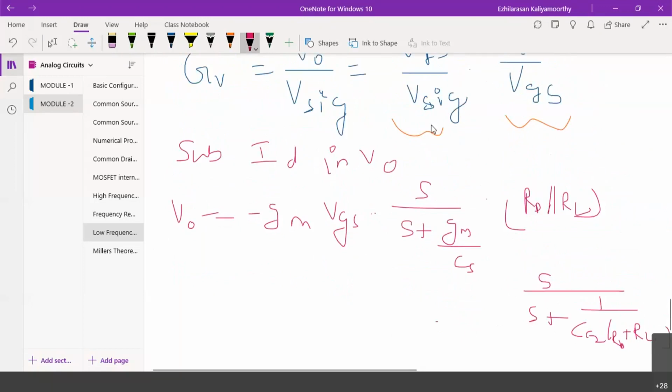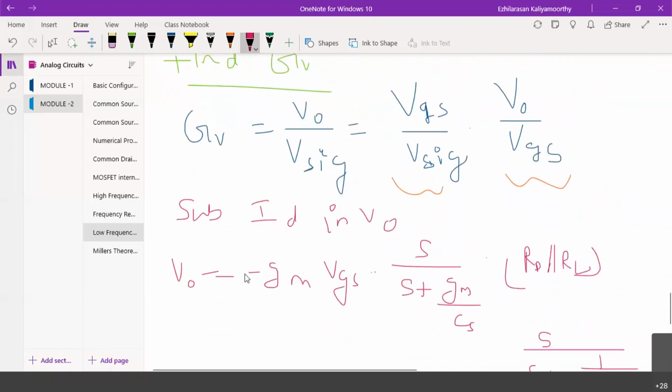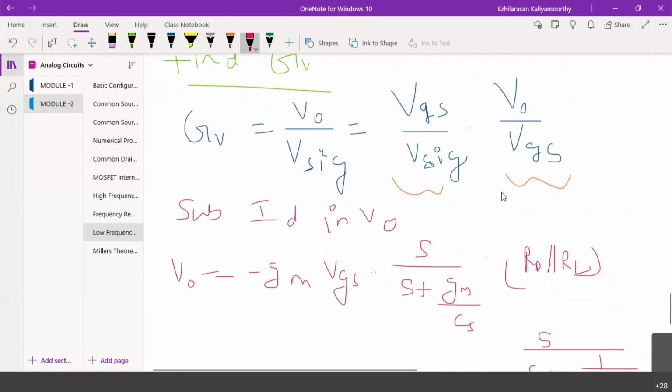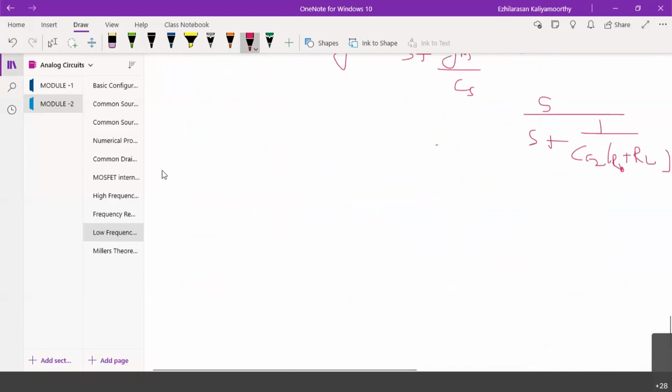Now take this expression. From this I'll get V naught by VGS. Then VGS by Vsig we already know, one more expression. Take those two expressions, then we get GV.